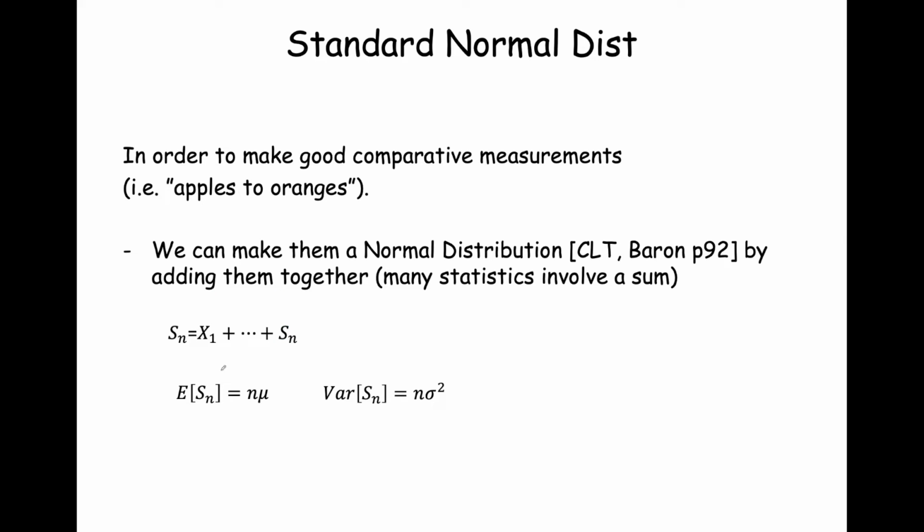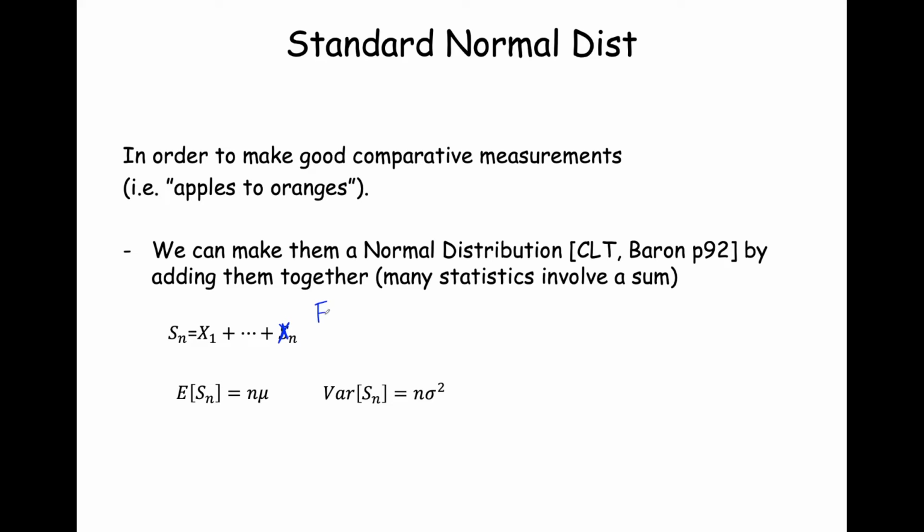Okay, so if you were to take the expectation of S sub n, that's the expectation of X1 summed together, all the n many X's. Now, expectation adheres to the property of linearity. That means if I take the expectation of the sum, that's the same as the sum of all the expectations.